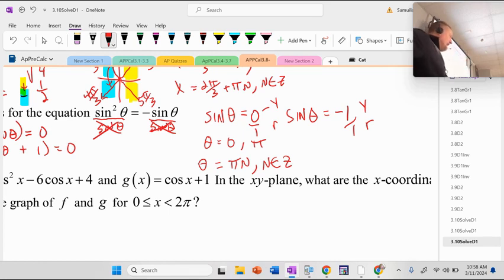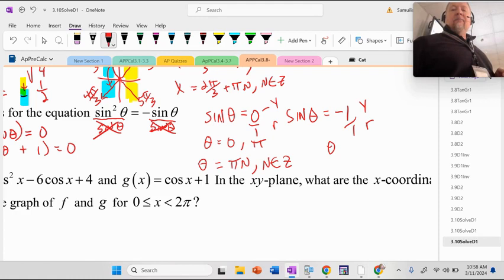Mr. Wilson brought up a great point, by the way. Could you, in this answer, put negative pi over 2? And the answer is yes, because you just need one of them and then generate the rest of them. He asked me that in the hall, just making sure. There's no way we could mark you wrong if you put negative pi over 2, because that is one of the answers.